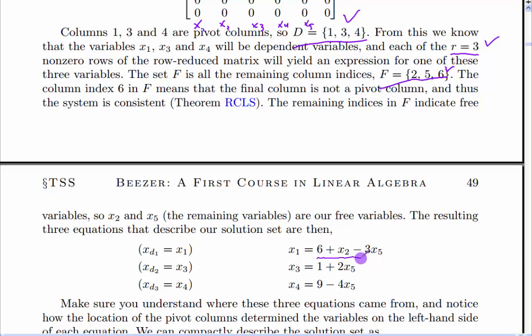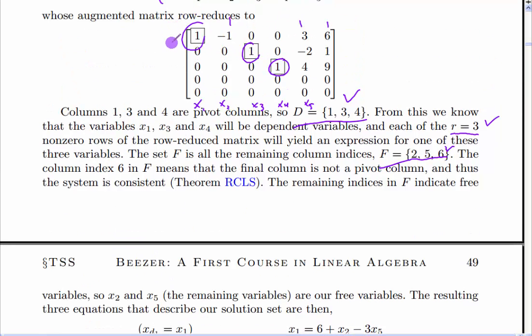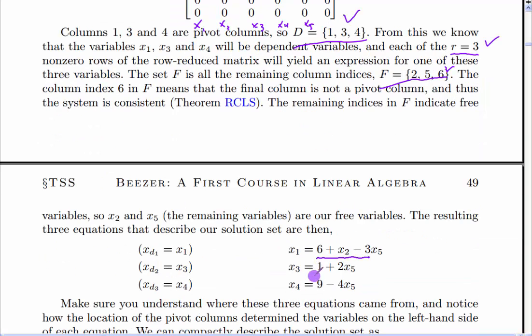This is correct. The second row here, if I change it into an equation, this pivot variable corresponds to x3, so I'm going to get x3 equals 1, and then here I'm going to have plus 2x5. When I take it to the other side, the sign changes.